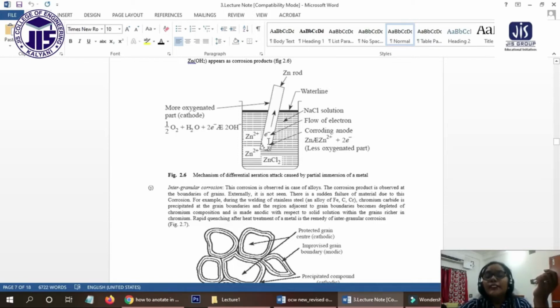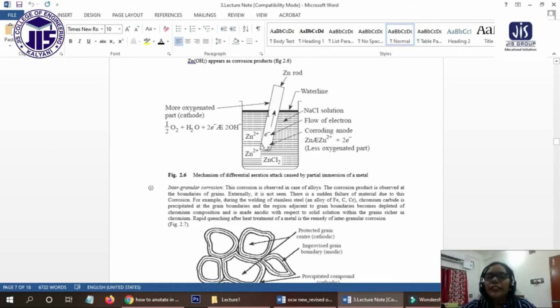The zinc rod is half deep. Look here, some of the zinc rod is below the sodium chloride layer, and some is open to air. So here also the same zinc surface has a different concentration of oxygen. This difference in concentration of oxygen will cause the corrosion of the zinc surface.